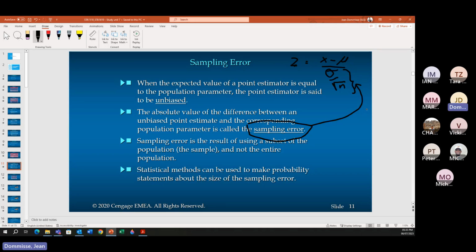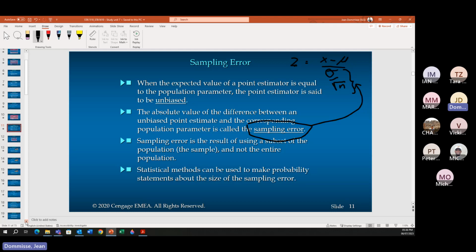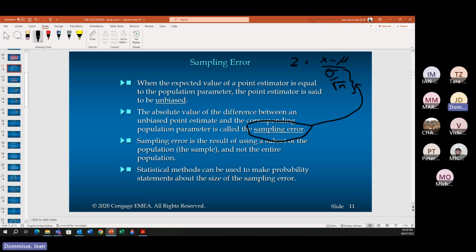Your sampling error is basically your standard deviation divided by the square root of your sample size. This is important because you are very likely to get a question around that in both assignments and in your exam later in the year.